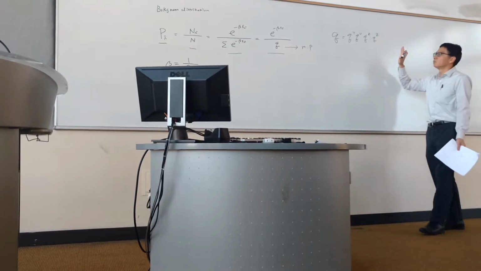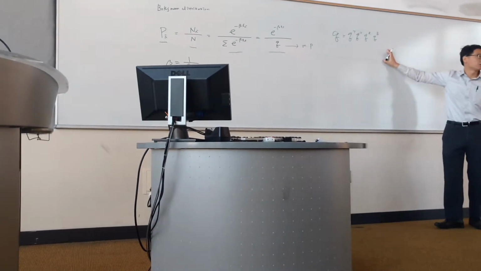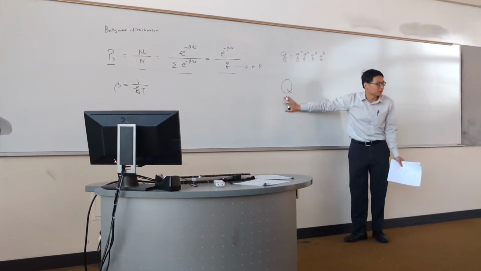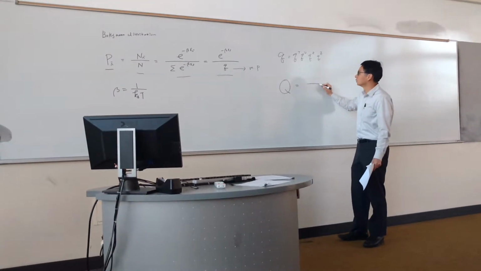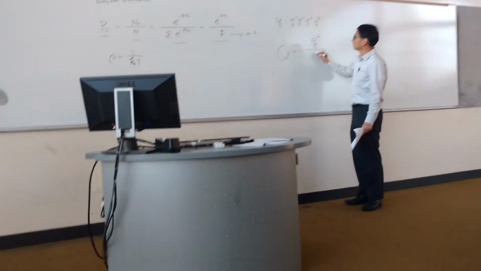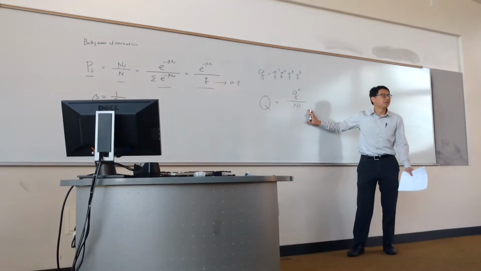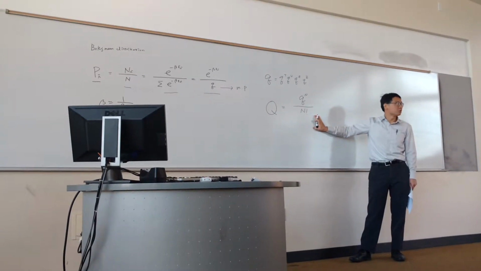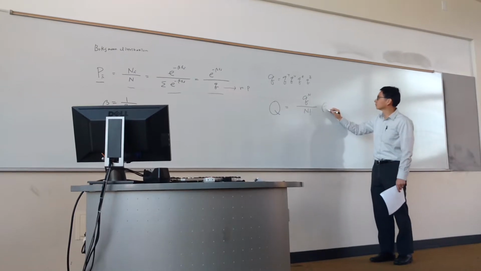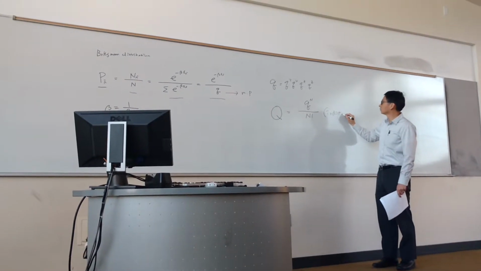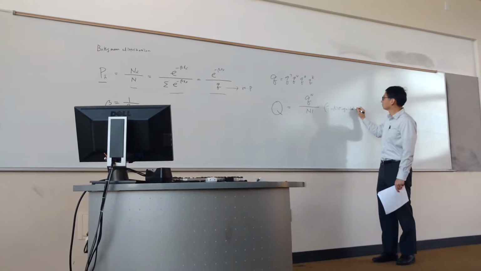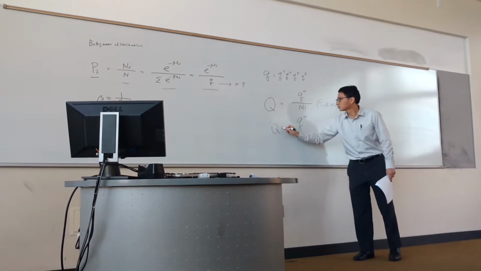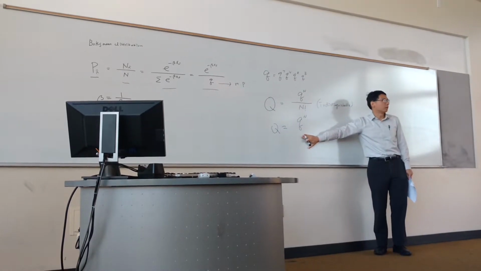And to convert the molecular partition function into the system partition function Q, okay? So Q is the system partition function. This is going to be equal to q to the nth power divided by n factorial, if the molecules are indistinguishable. If they are distinguishable, then you should just write Q equals q to the nth power.